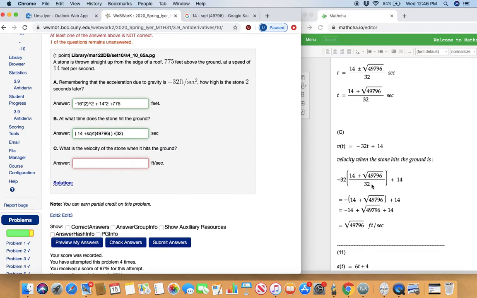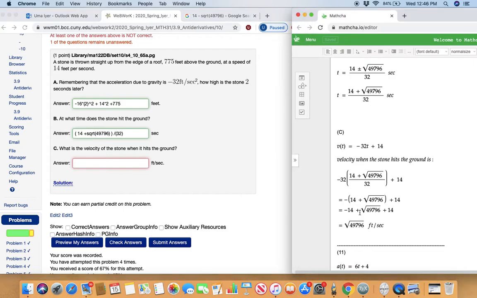This is a denominator, that's a numerator, so these two cancel. I now have a negative outside and only the numerator left over, plus 14. Why don't I distribute the sign? Negative 14 minus, that should be a minus.